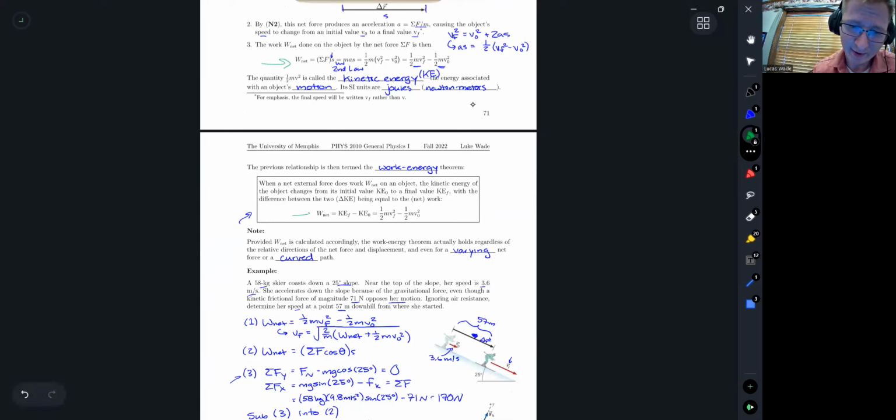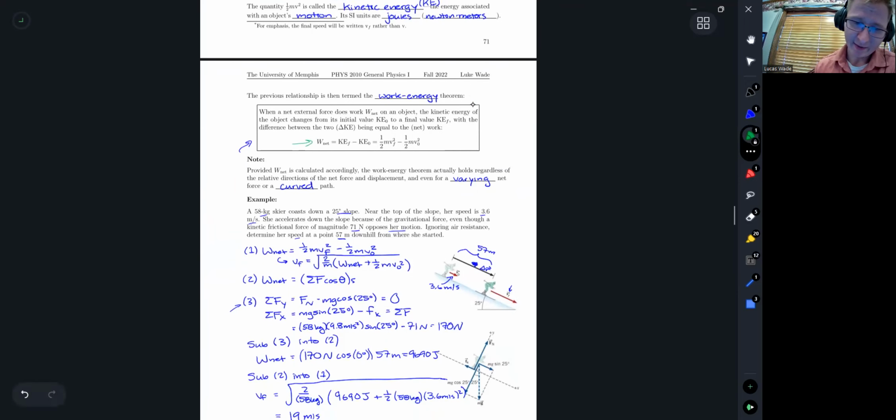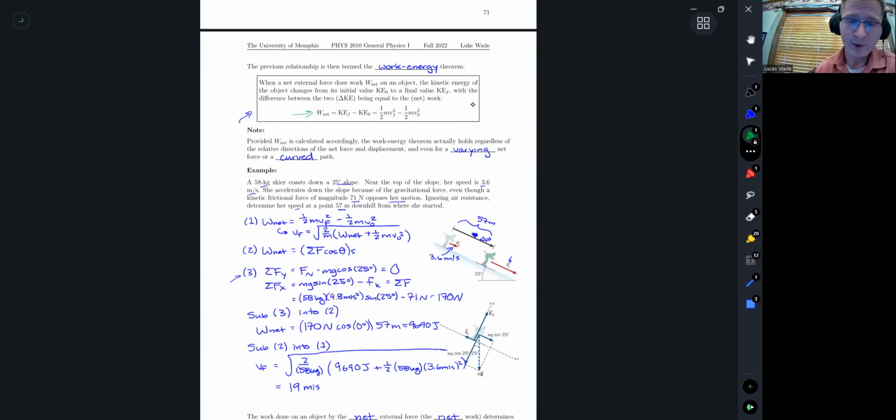So this is a very good thing to know. But we can write it in 2 other ways, depending on the forces involved and whether they're conservative or non-conservative. Can anyone tell me what a conservative force is versus a non-conservative force?